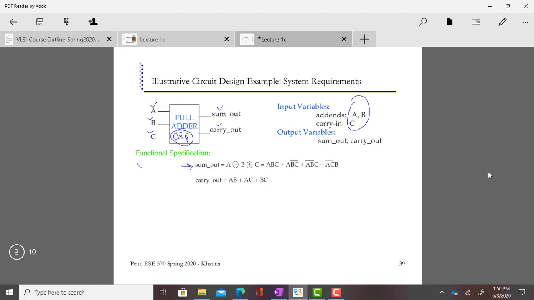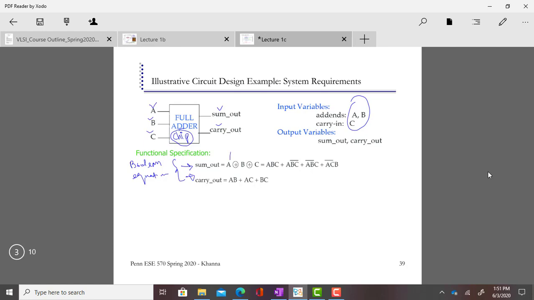This is a description. This is a Boolean equation. Currently, it's not in Verilog, but we can very easily write it in Verilog. Later in the course, we will see how. But this is the functional specification.